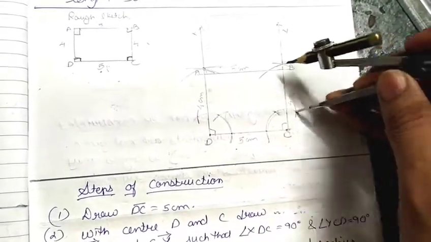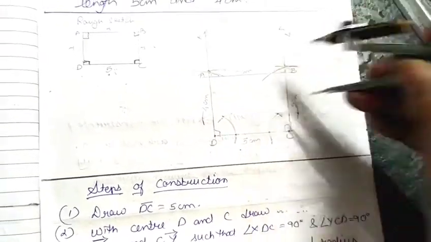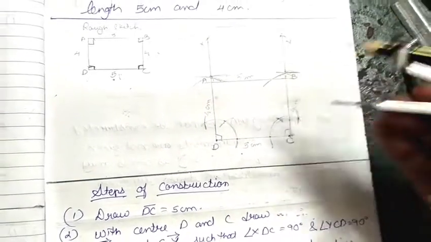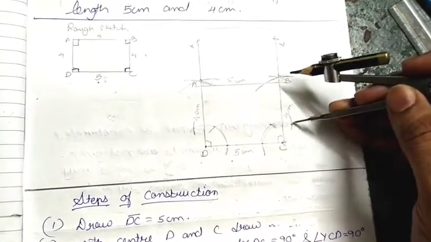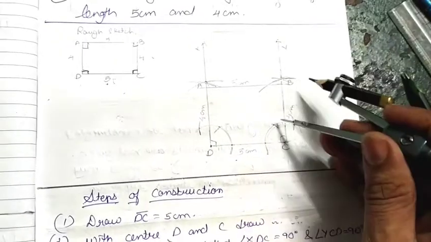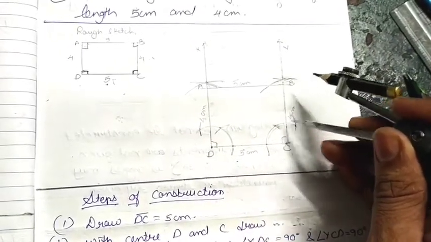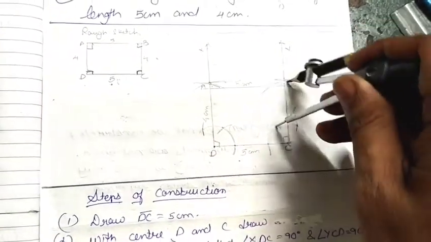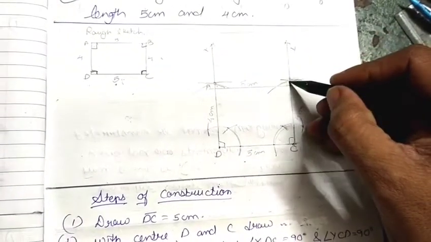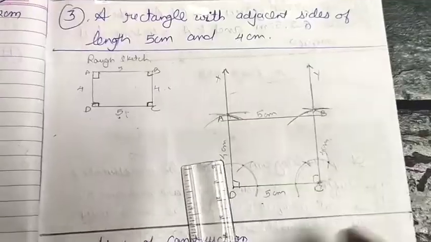Dear student, here you can't change. After getting the 60 and 120 you can change the measure with the compass and draw arcs with center 120 and center 60, and wherever they intersect, that is our 90.